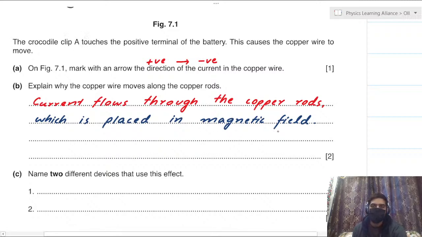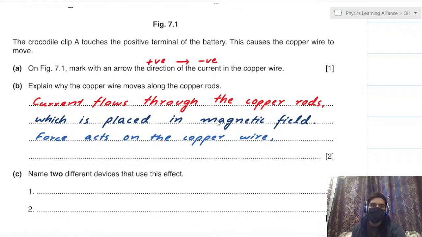Which is placed in magnetic field. Force acts on the conductor, on the copper wire.